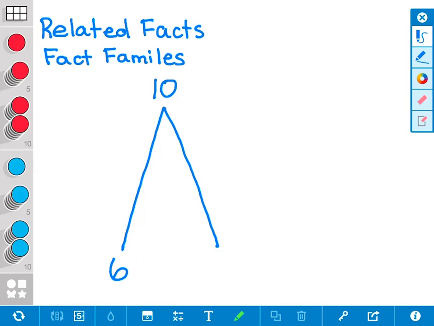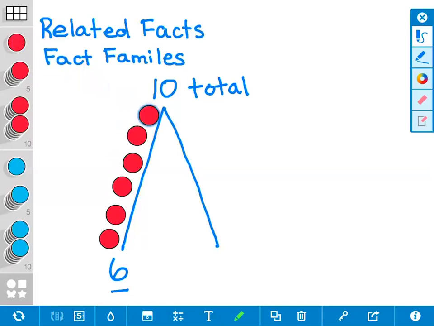So I've got a mountain and I have 10 and a 6. Remember, 10 up at the top of the mountain is always the total and the larger or bigger number. And I have 6 down here, which is one of my partners. So I'm going to bring down 1, 2, 3, 4, 5, and 6.